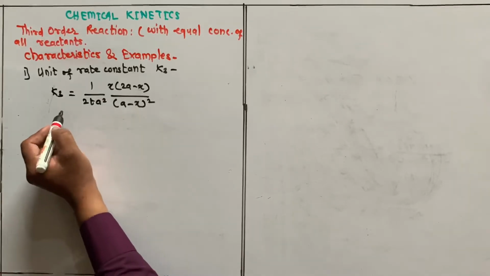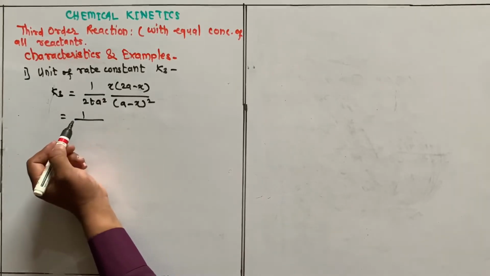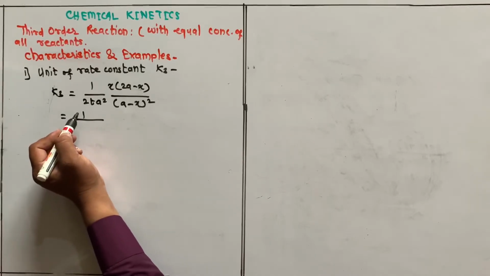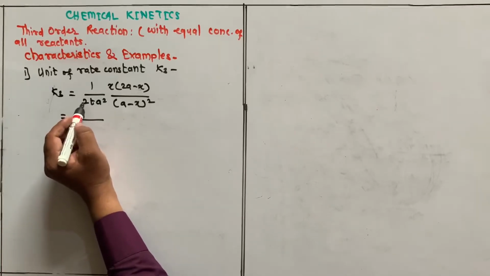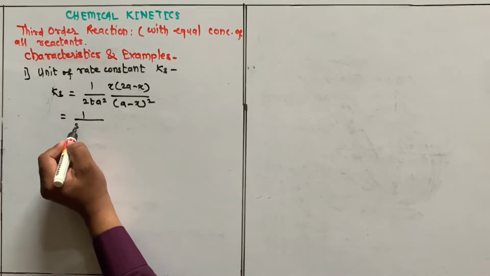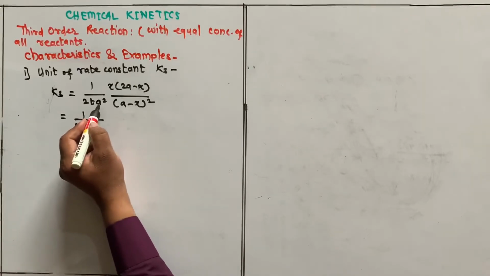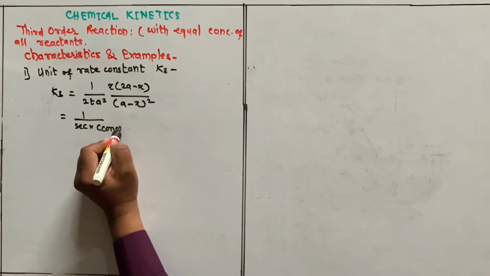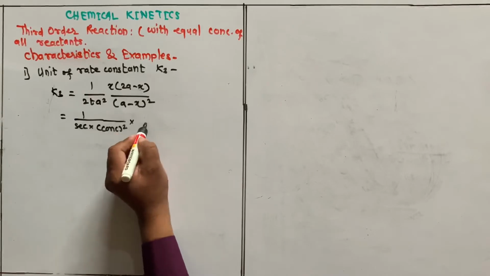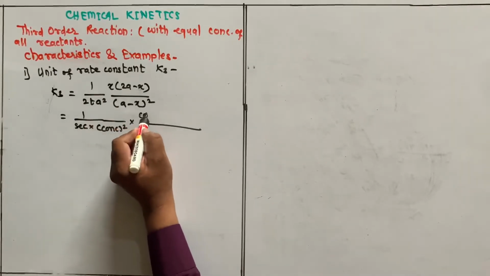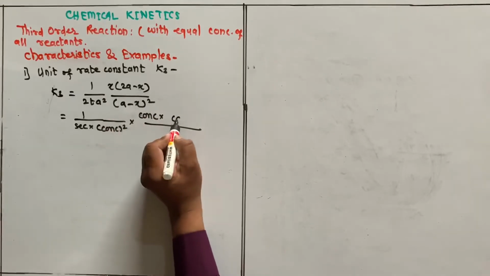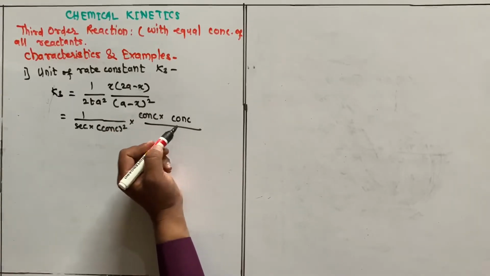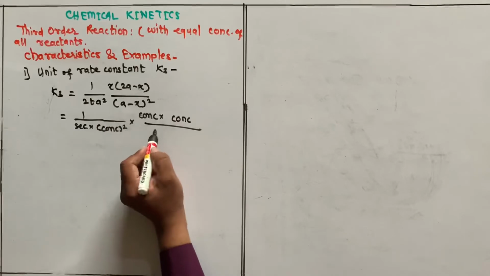Now the unit for this rate constant K3 can be derived as follows. 1 upon 2 doesn't have any units, t has a unit of time, say seconds, a square is concentration square, into x, a unit of concentration. Then again 2a minus x is a single term, its unit is concentration, then divided by a minus x square, which is concentration square.